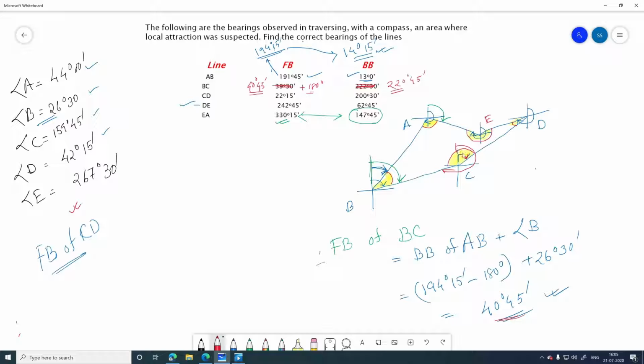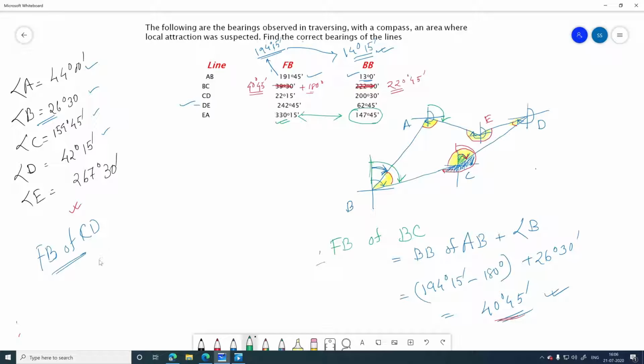So if we subtract this exterior angle C from the total angle, we will get the forward bearing of CD. That means only this remaining portion we will get, and that is nothing but the forward bearing of CD. So let's write this.